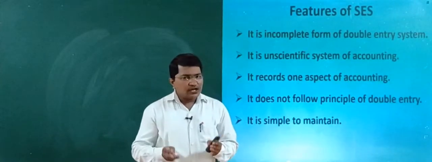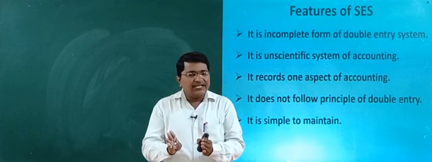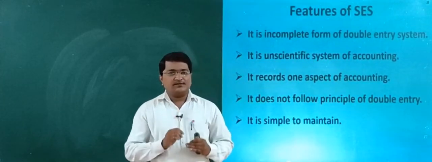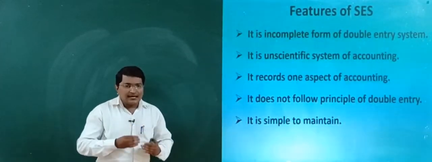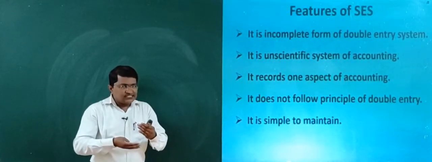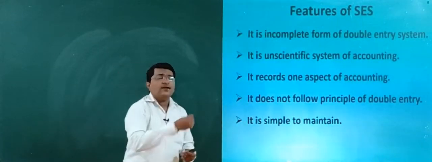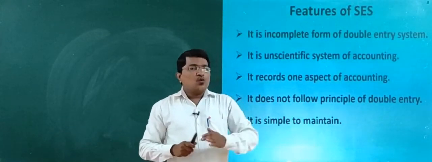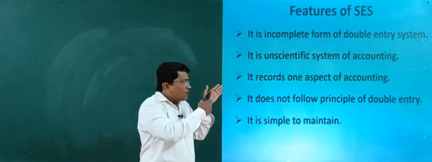So understood now what is the meaning of single entry system and what are the features of single entry system. So in this class we learnt the meaning of single entry system as well as the features of single entry system. Right? So once again let me repeat everything of this class.